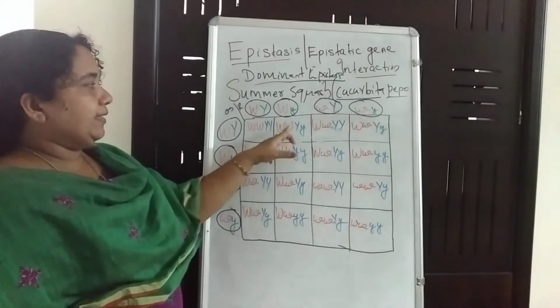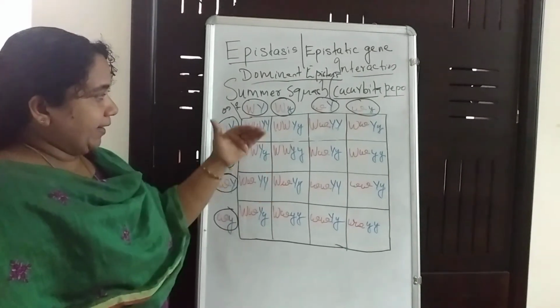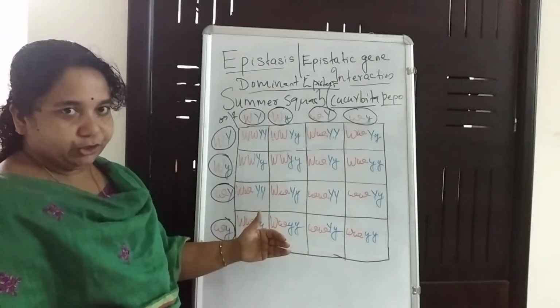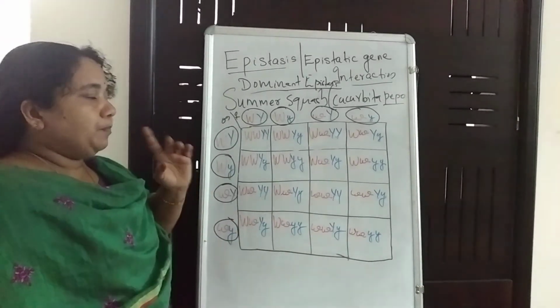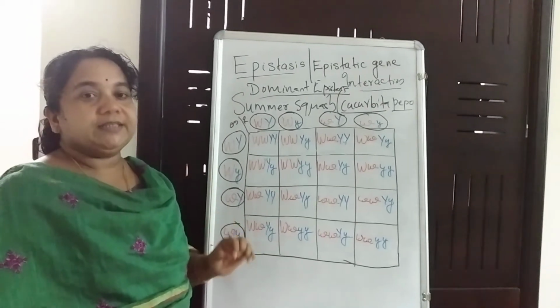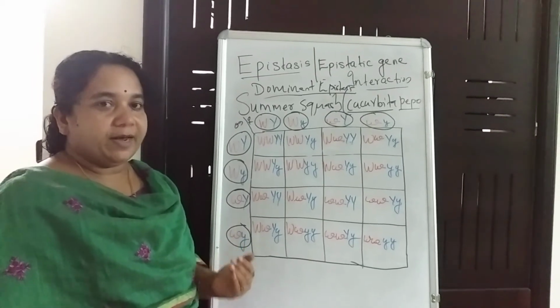And when we write the progeny genotype, how can we identify the different phenotypes to fit that ratio? I have previously said that even if one gene, that is W, is in the dominant state, then the phenotype is white.